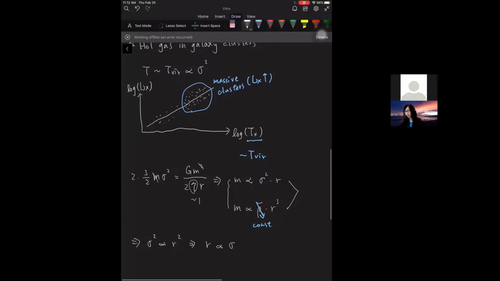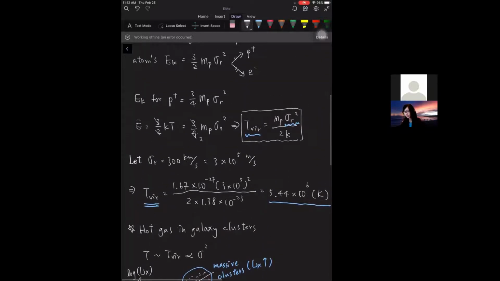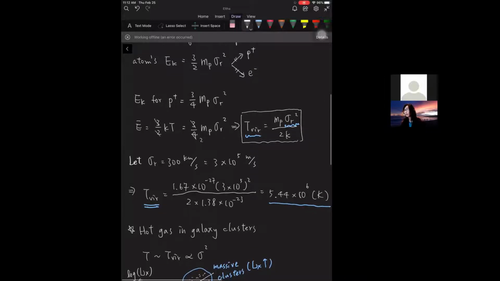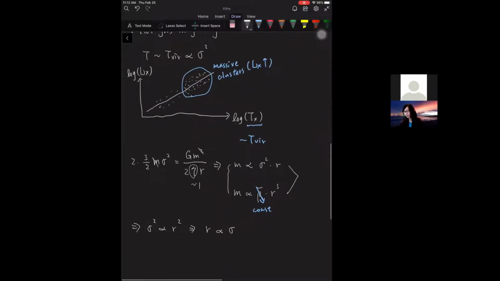And from the virial temperature we got before, we know that sigma is proportional to square root of T, right? So we have R proportional to sigma and proportional to square root of T, where the T here is the virial temperature.